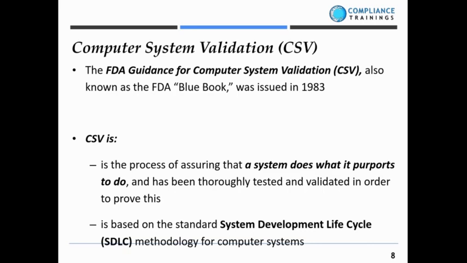Basically matching up your stated requirements, showing through testing that those requirements are met. The system operates as expected. It's based on the standard system development life cycle methodology, which is used for all computer systems, whether it's a regulated area or not. It's a standard in industry for any type of system.